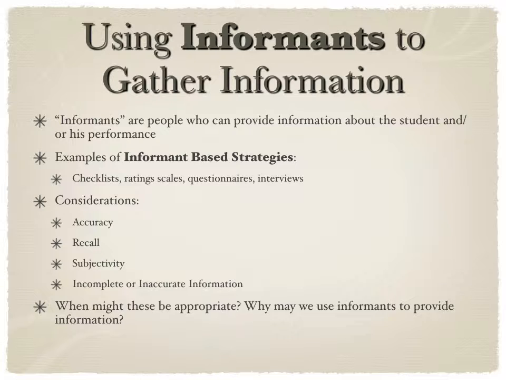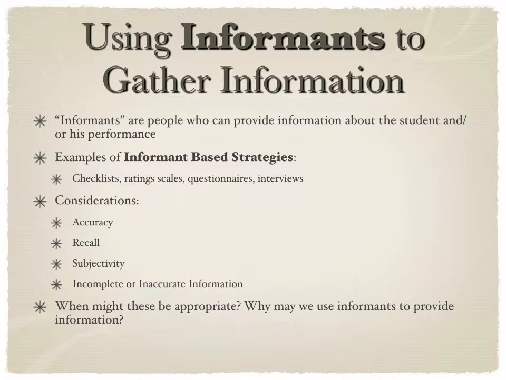Everyone has their own perspective, everyone has their own vantage point, and there could be things associated with the individual's ability to perceive the information accurately, to recall it accurately. Sometimes we observe things and they're very subjective, or we view things through our own lens. And sometimes we can give incomplete or inaccurate information, either knowingly or unknowingly.